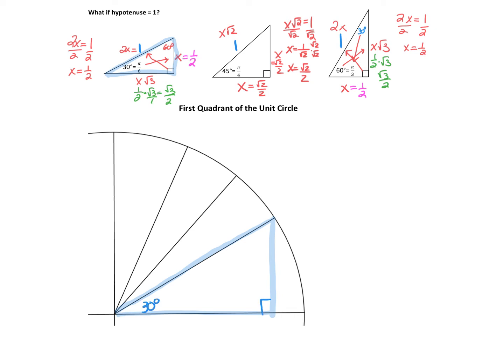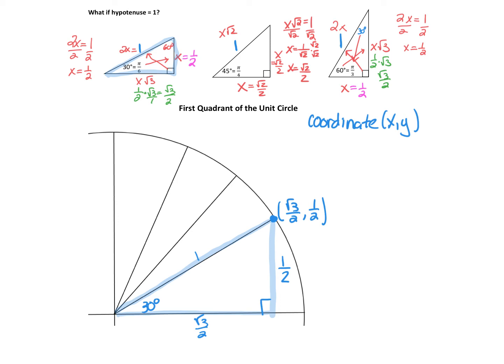According to this, my opposite side is 1/2 and my adjacent side is root 3 over 2, because my hypotenuse is 1. That means this coordinate, and remember a coordinate is always x comma y, is going to be the x number, root 3 over 2, comma 1/2. And so that's that coordinate right there.